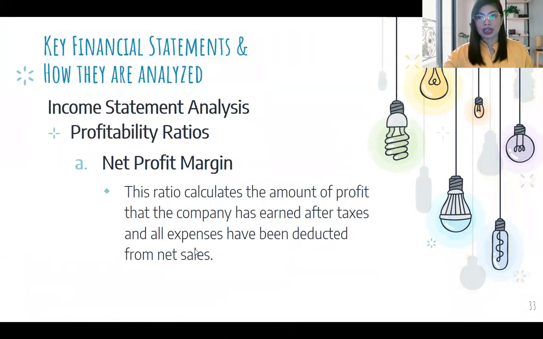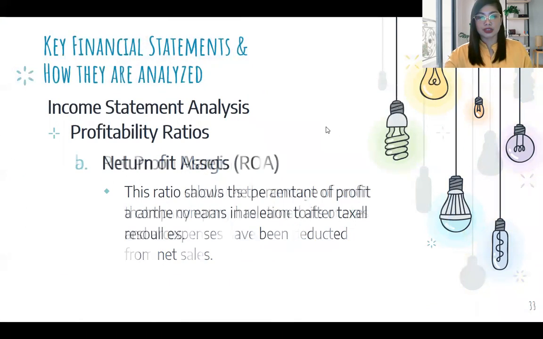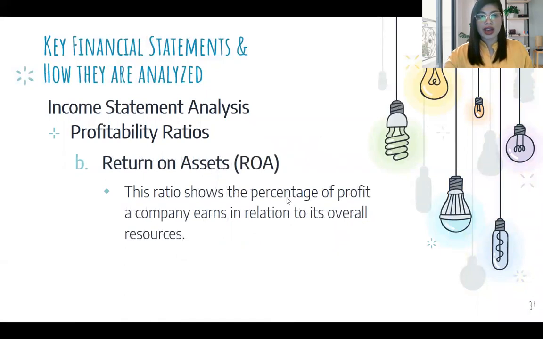Under profitability ratios, we have the net profit margin, a ratio that calculates the amount of profit that the company has earned after taxes and all expenses have been deducted from the net sales. Meaning all the expenses are deducted from the revenue. And then we also have the return on assets, or ROA.